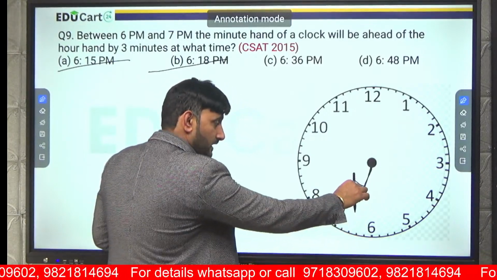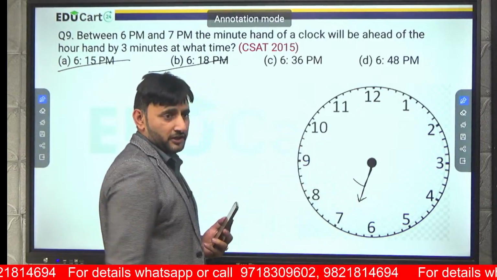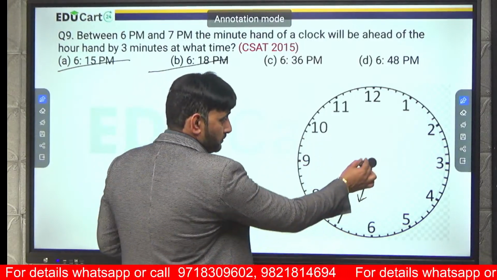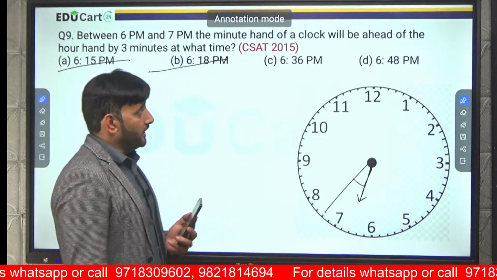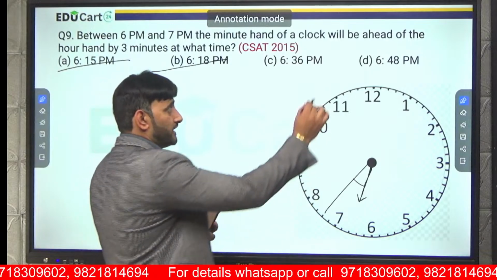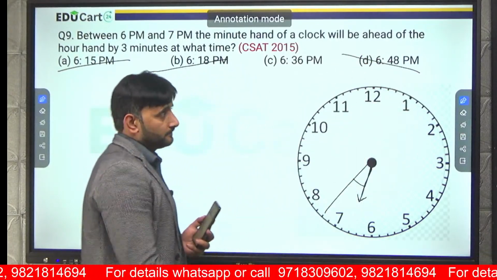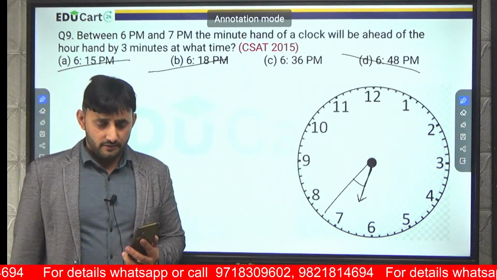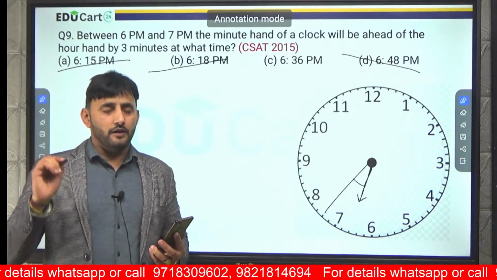So in any case we are not going to cross 8. If we are not going to cross 8, then out of 6:48 and 6:36, 6:48 is not possible. The answer is 6:36. Say children, clear or repeat?